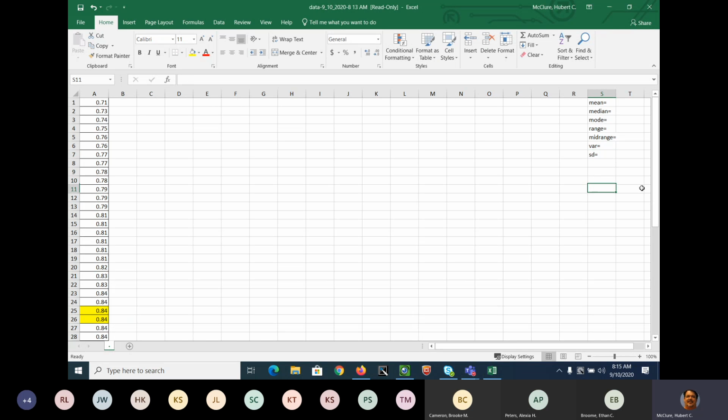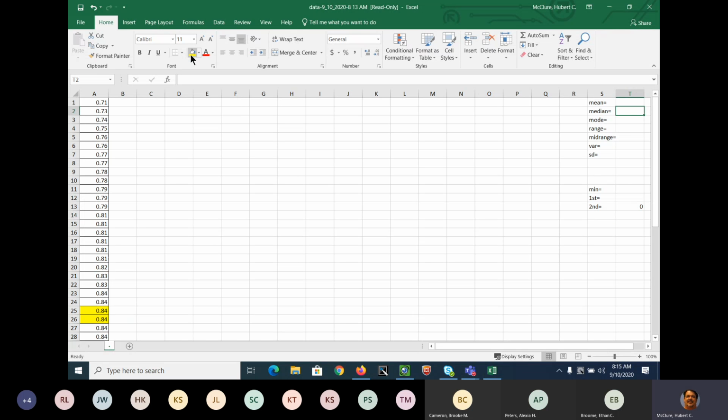Go down here: mean, first quartile, second quartile, which is the median. Let's go ahead and mark that. That's going to be equal to this number.